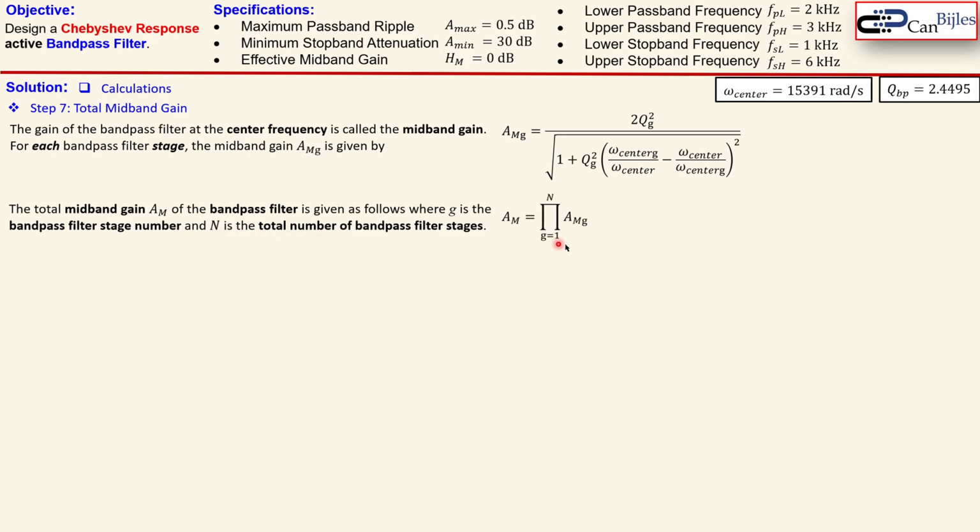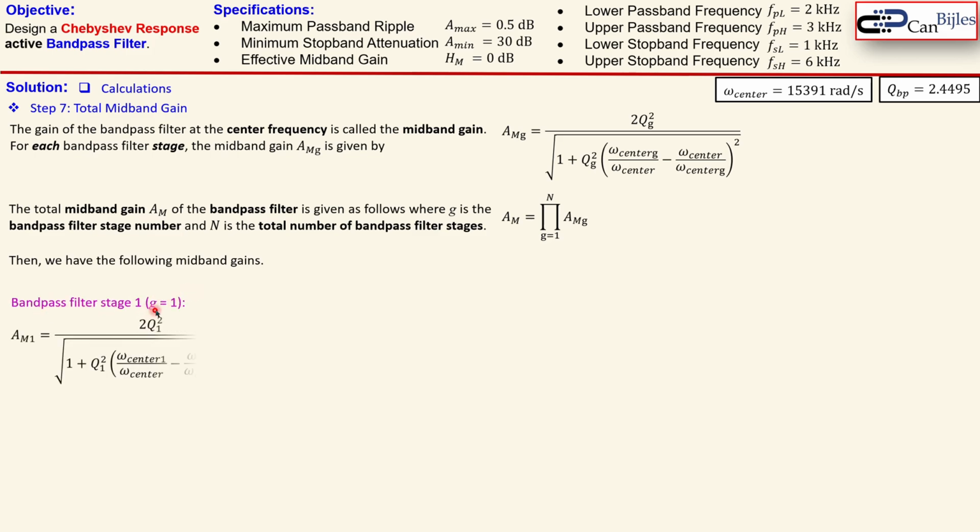So in this case we have G equal to 1, 2 and 3. So we have here 3 stages which need to be multiplied. This is a product symbol in mathematics. Then we have the following midband gains. Now for stage 1 we just look at the quality factor, the center frequency of the specific stage, and also the center frequency we have in general here.